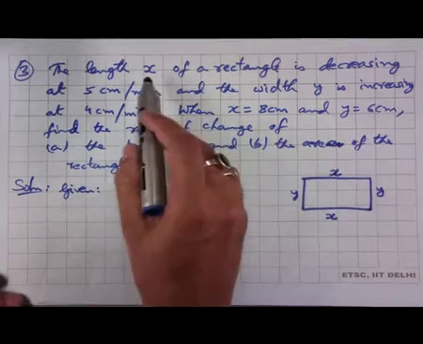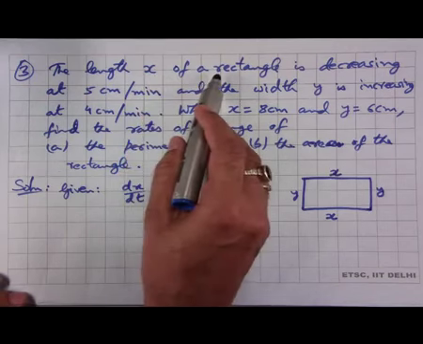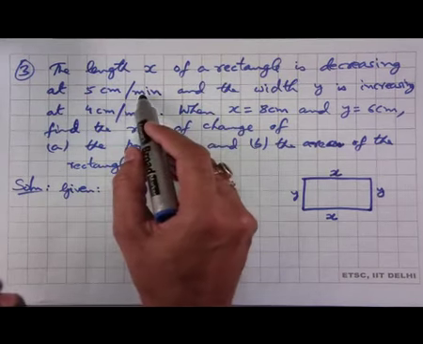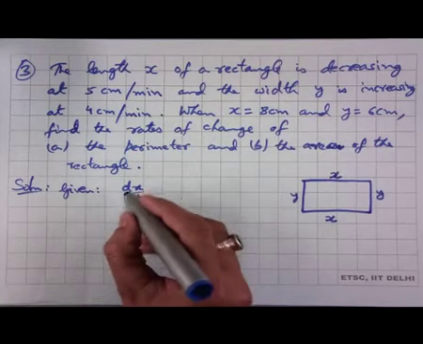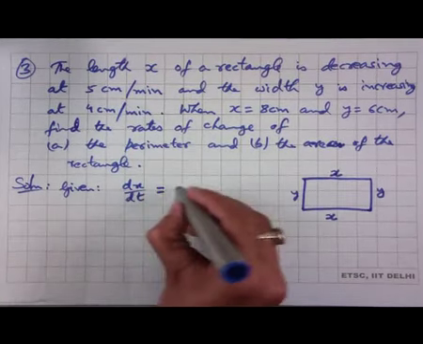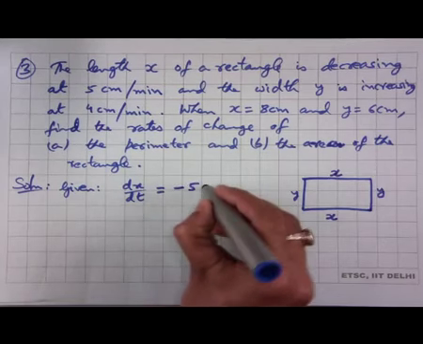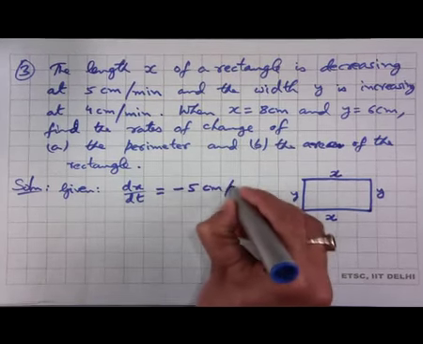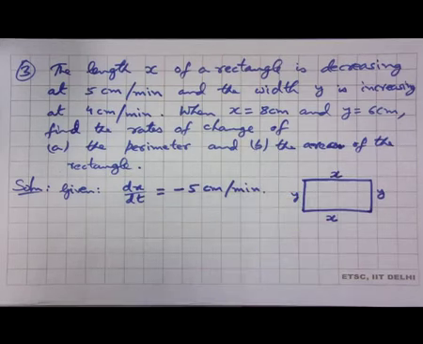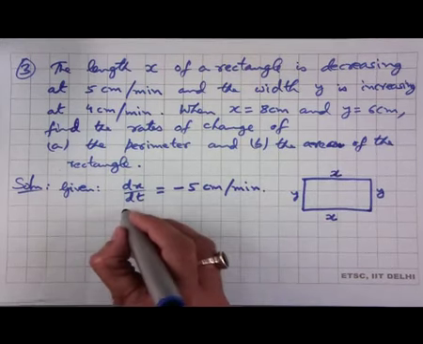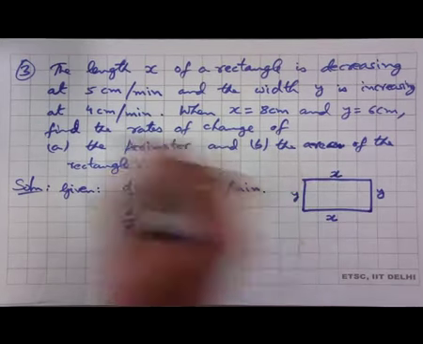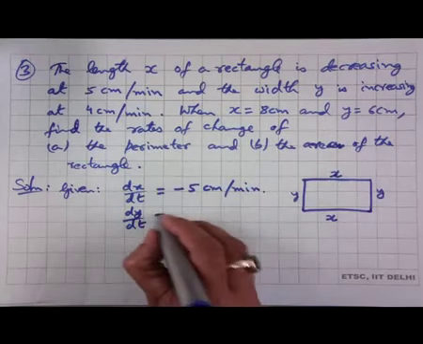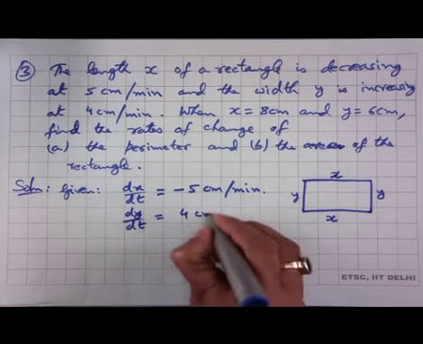Note that here it is given that the length x is decreasing at 5 centimeter per minute. So, since x is decreasing, dx/dt is negative. So, this is minus 5 centimeter per minute, and dy/dt, the width is increasing at 4 centimeter per minute. So, this is 4 centimeter per minute.